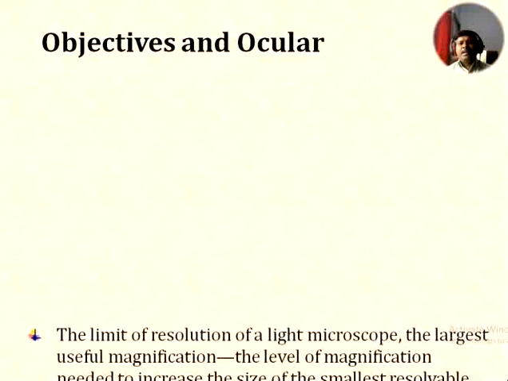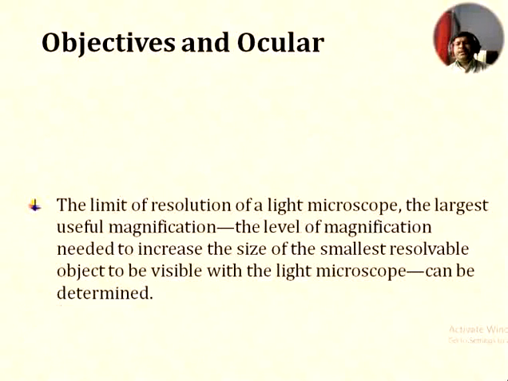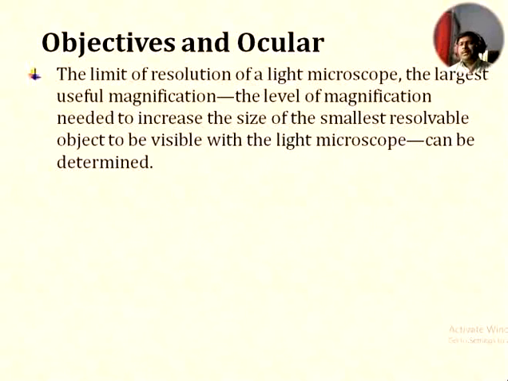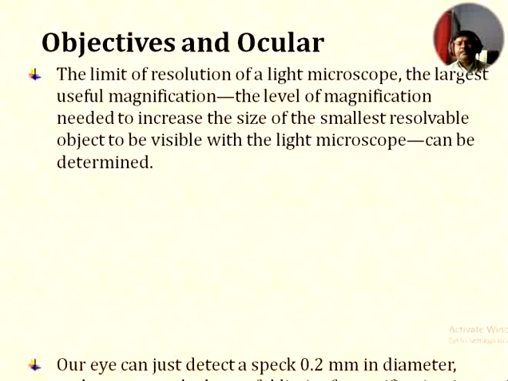Now the limit of resolution of the light microscope, the largest useful magnification: the level of magnification needed to increase the size of the smallest resolvable object to be visible with the light microscope can be determined.